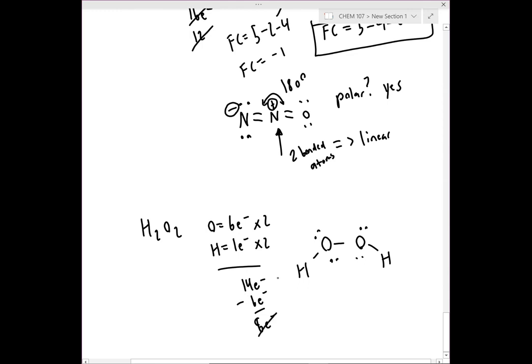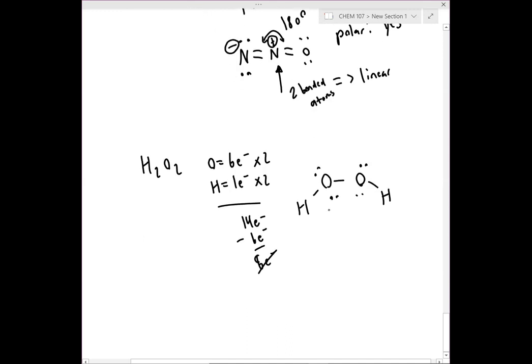Now that we have this preliminary Lewis structure, what is the geometry around this oxygen with 2 bonded atoms and 2 lone pairs? That would be the electron pair geometry, but what is the molecular geometry? When we have 2 atoms and 2 lone pairs, it would be bent.